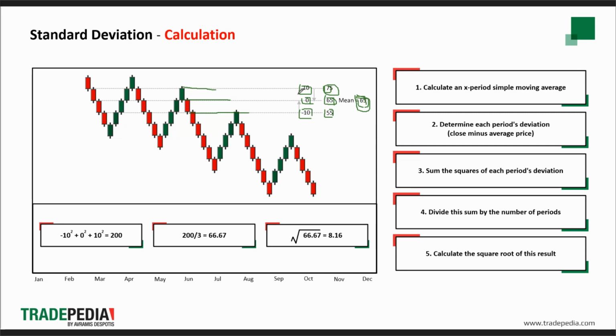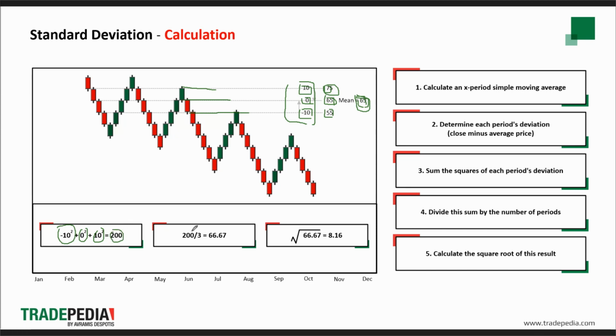Okay, after getting all these three numbers, we square them first, then add them together. Okay, so by adding them, it will give us a total value of 200.